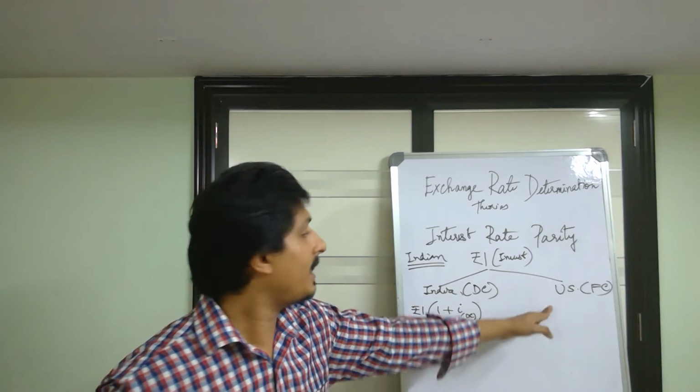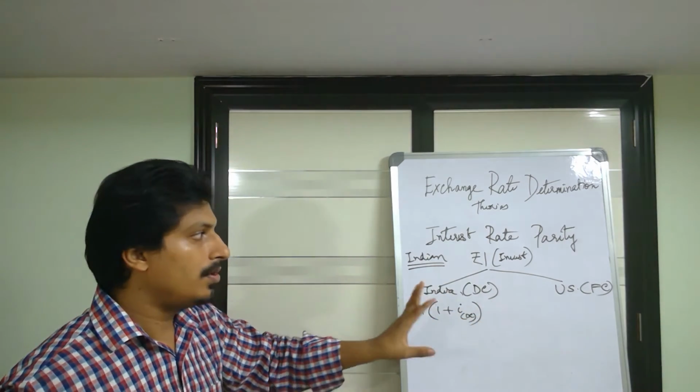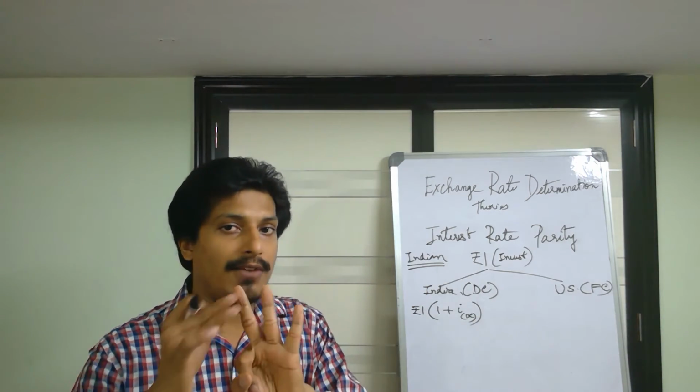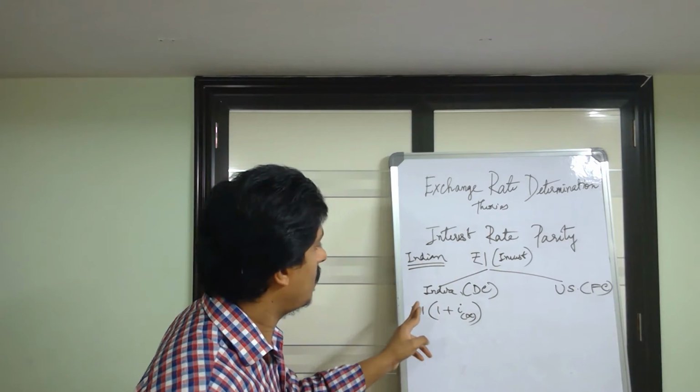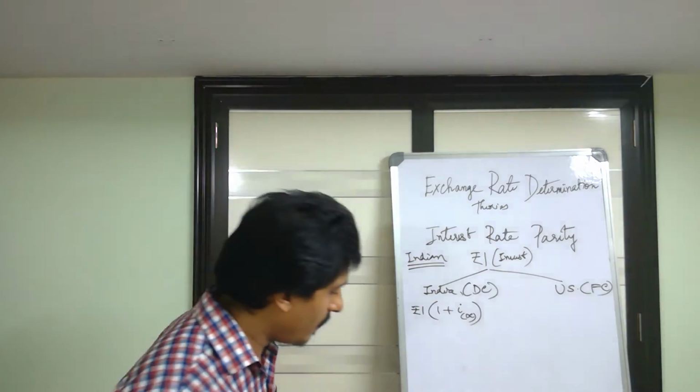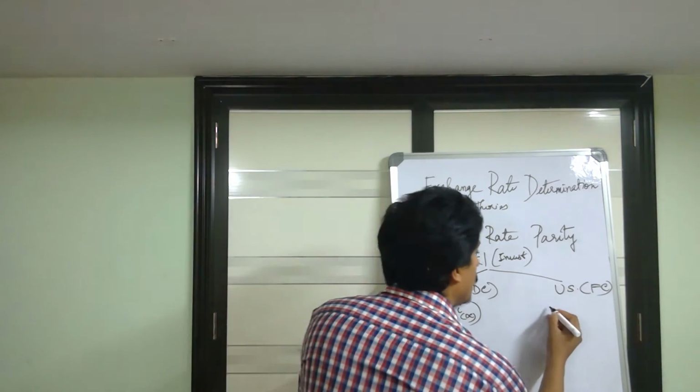The second choice is to invest in the US. To invest in the US, I told you there are 3 activities. The first activity is to convert rupees into dollars first. How to convert rupees into dollars?